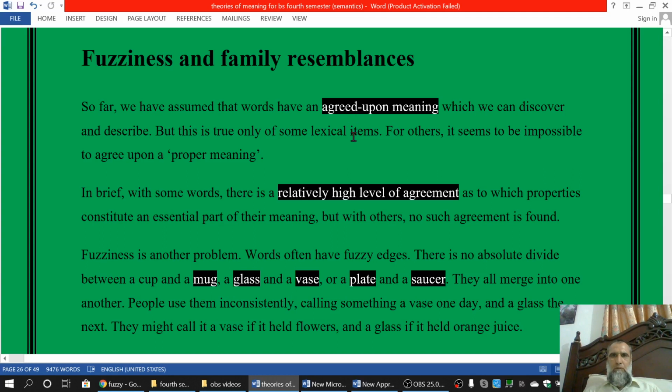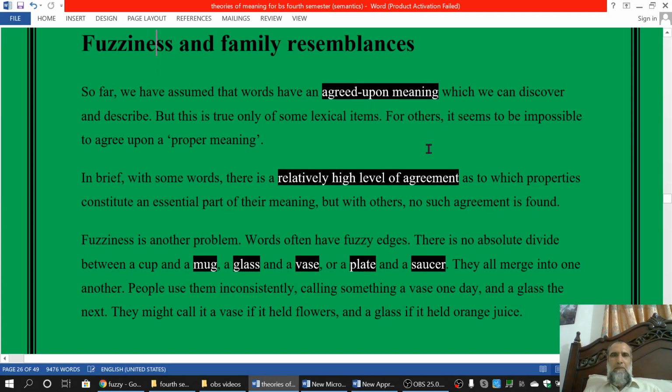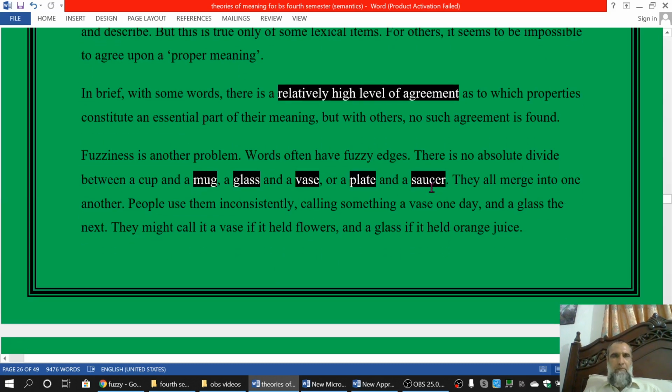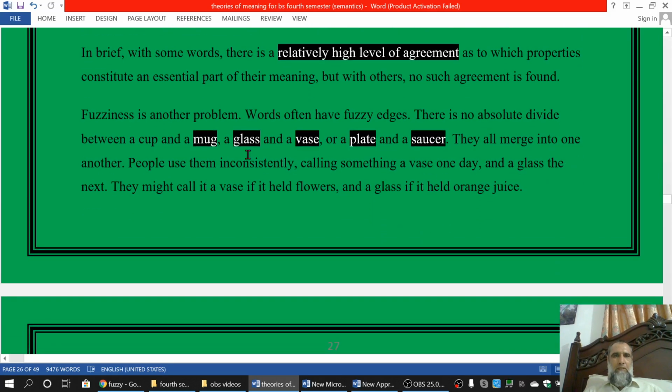Fuzziness refers to unclarity. When something is unclear, we call it fuzzy. We say that all the meanings are not agreed upon meaning. Sometimes some meanings have high level of agreement. Sometimes they do not have that high level of agreement. The examples are, for example, cup, mug, glass, and vase, plate, and saucer.